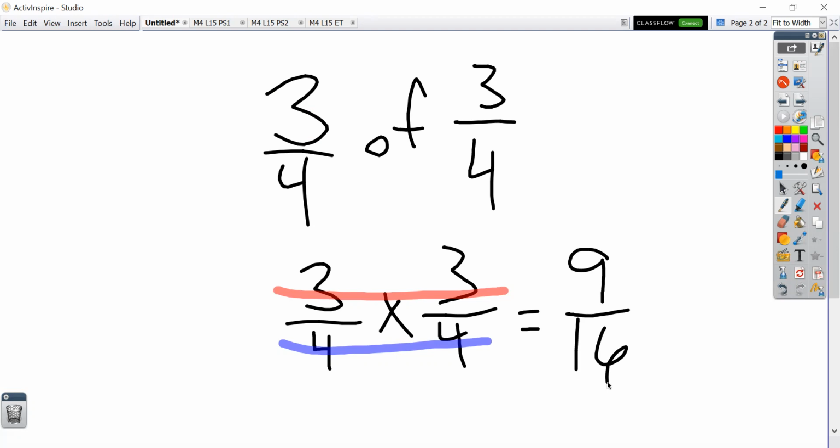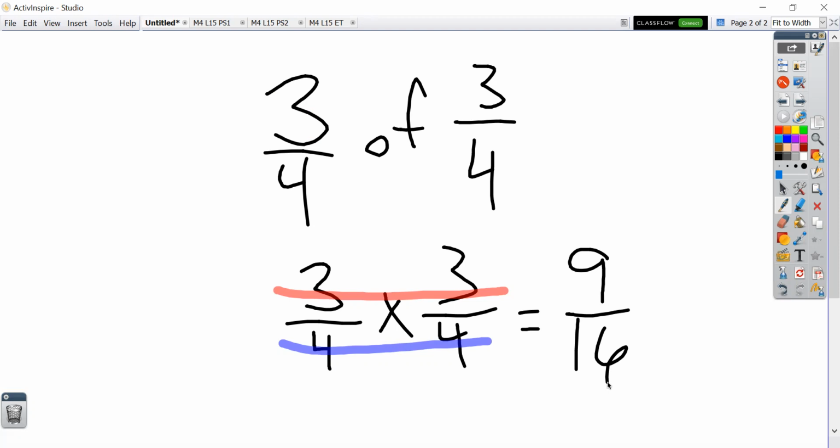Now we got to analyze. Well, 1 times 9 makes 9, and 3 times 3 makes 9. Do either of those numbers, 3 or 9, also divide into 16 evenly? Well, if we count by 3s, 3, 6, 9, 12, 15, 18, nope. And 9 is 9 and 18. So no, that's as simplest as it gets.